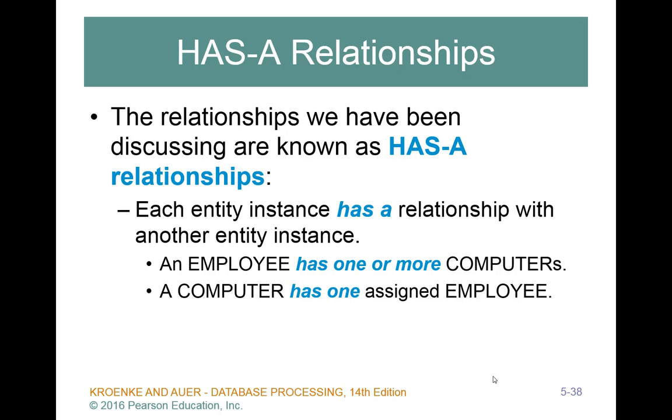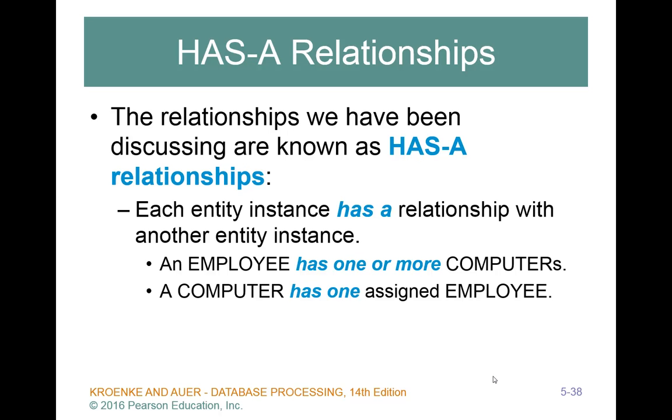The type of relationships we've been talking about so far is what we call has-a relationships. So each entity instance has a relationship with another instance. This term is used because each entity instance has a relationship to a second entity instance. Like in the example of employee and badge, an employee has a badge and a badge has an employee.